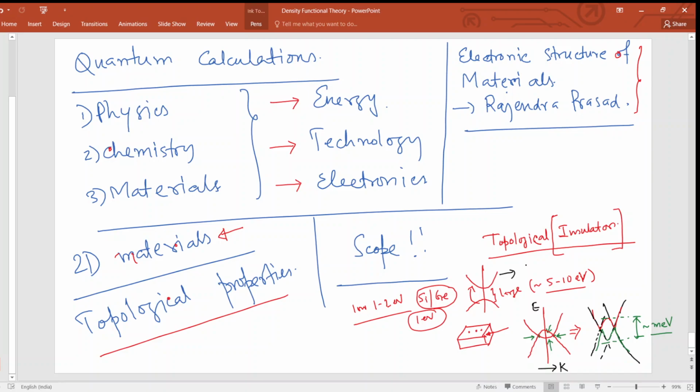Okay, so here, for this particular band, if you calculate del E del K, and for this other band, if you calculate del E del K, which one will be large?